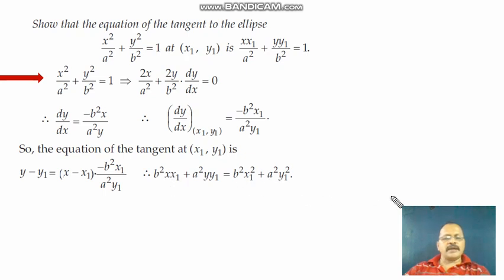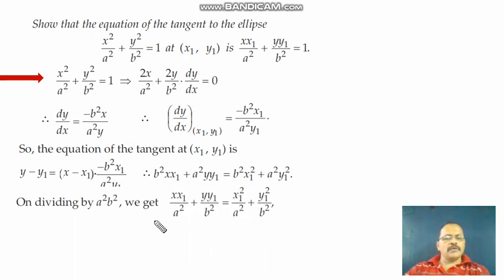Dividing both sides by a square b square, we get x x1 upon a square plus y y1 upon b square is equal to x1 square upon a square plus y1 square upon b square.